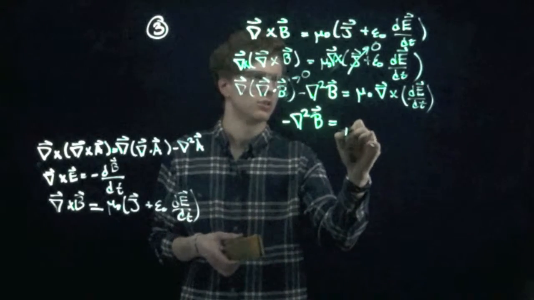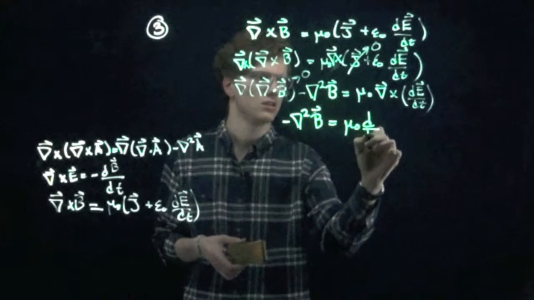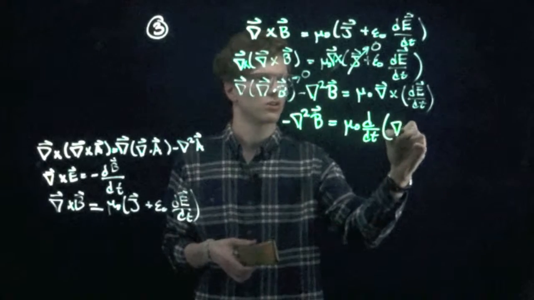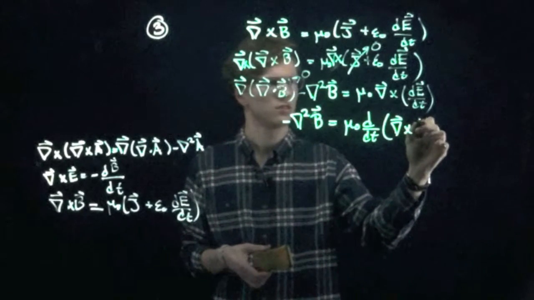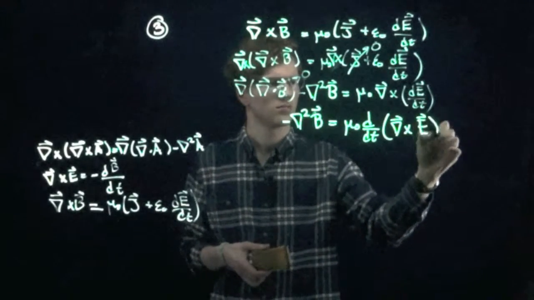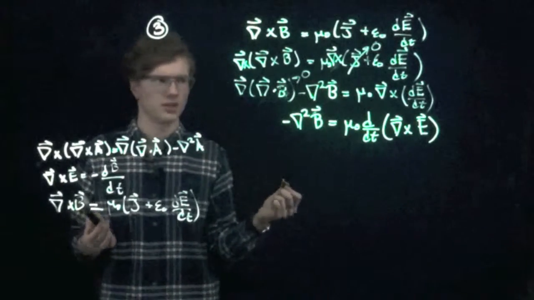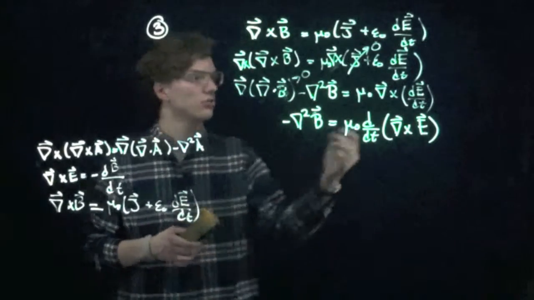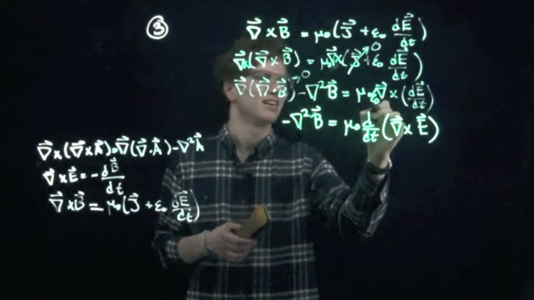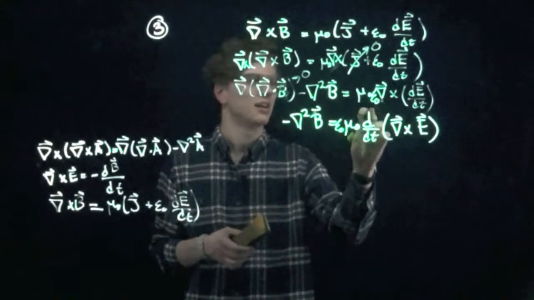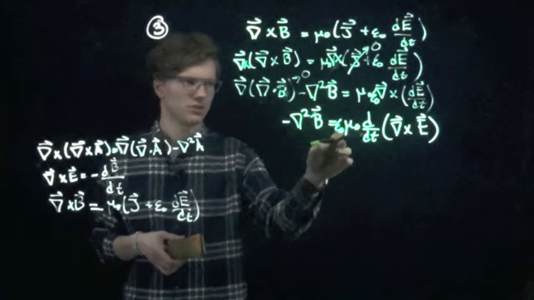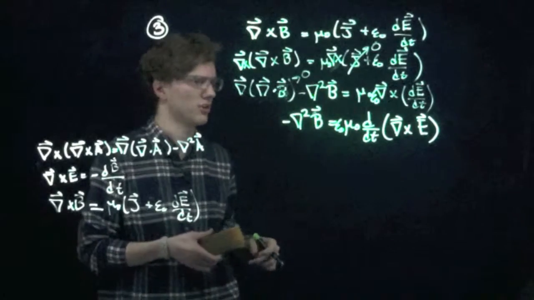That's equal to mu naught times d/dt of the curl of E. And I dropped an epsilon naught, so that comes out and goes here, so we're keeping track of our constants.